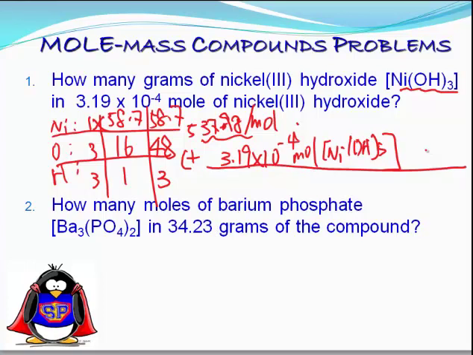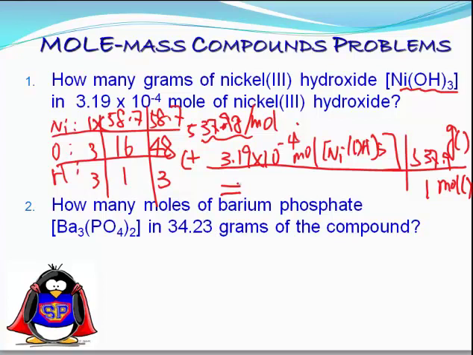You want to convert it into grams of the same thing. Because of the space limit, I'm not going to reproduce what's inside the bracket. What you have here is essentially 1 mole of this nickel 3 hydroxide equals how many grams? That will be 537.9, and this one gives you the answer.